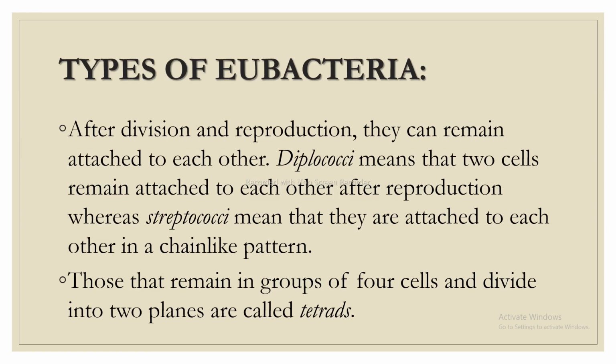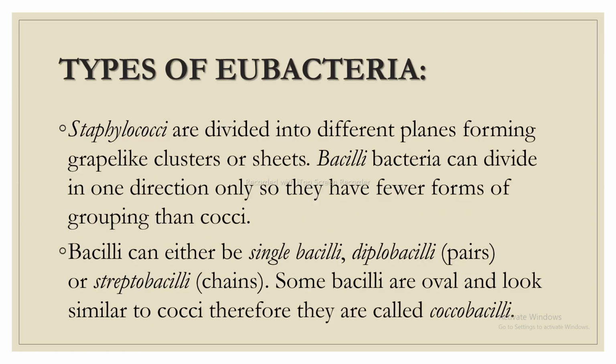Those that remain in groups of 4 cells and divide in 2 planes are called tetrads. Staphylococcus divide in different planes, forming grape-like clusters or sheets. Bacilli bacteria can divide in one direction only, so they have fewer forms of grouping than cocci.